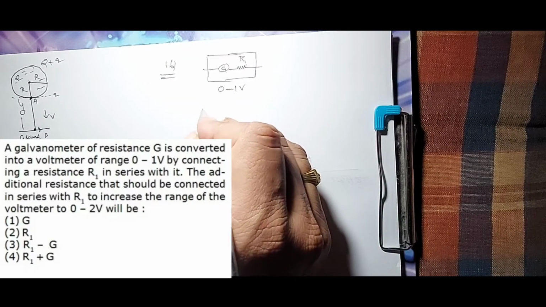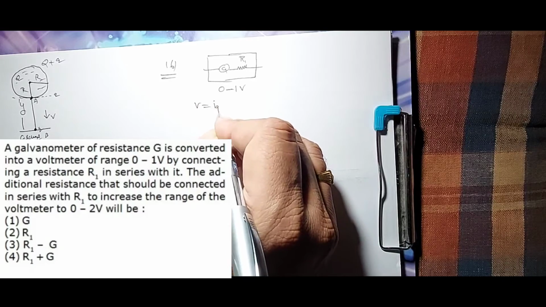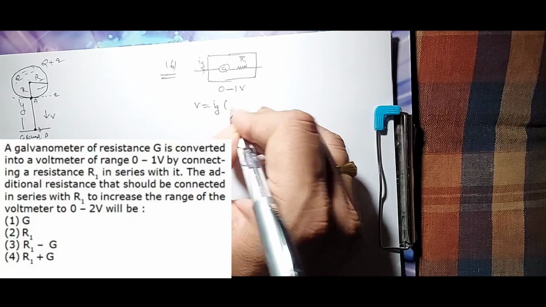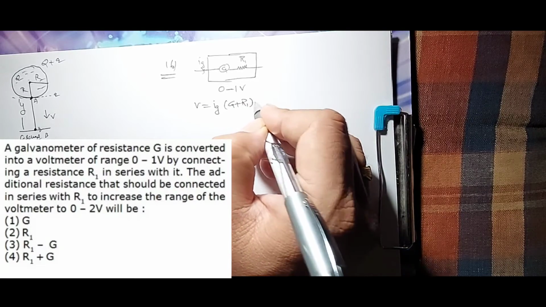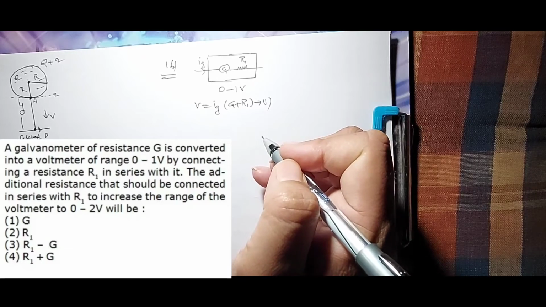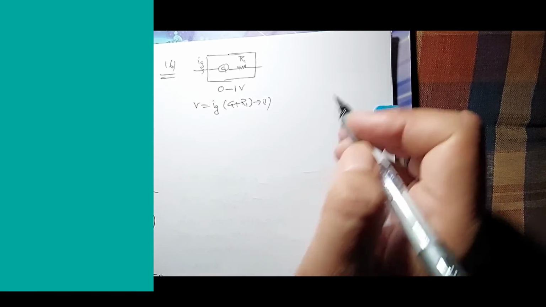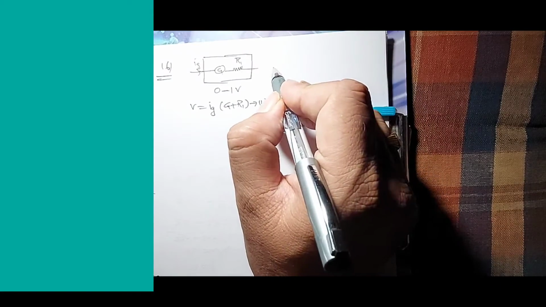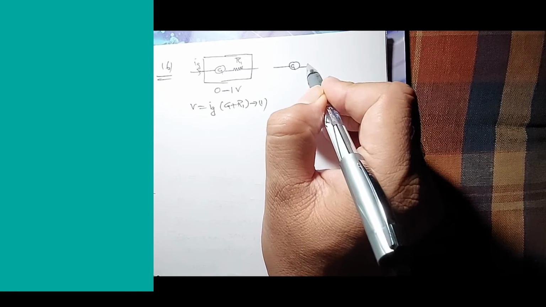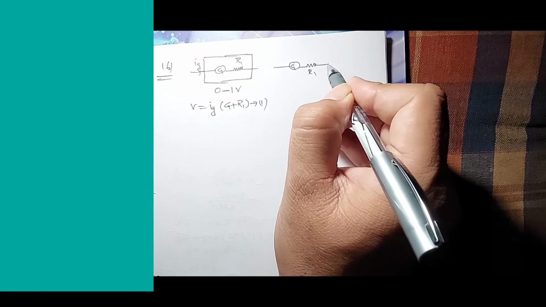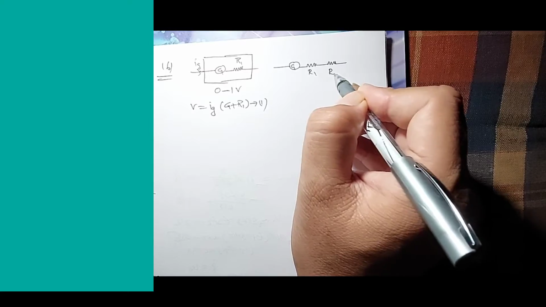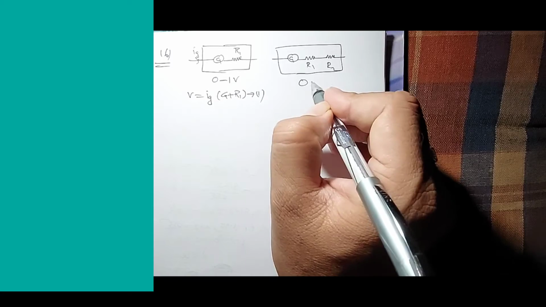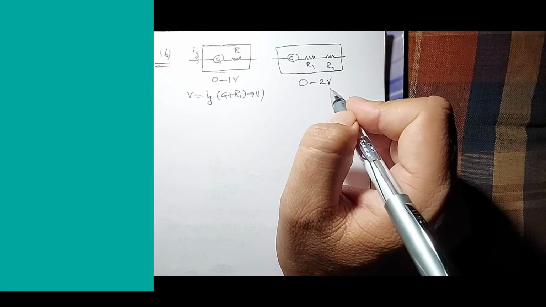So here we know that V = Ig(G + R1), where Ig is the current passing through the galvanometer. So equation 1. But to increase the range of the voltmeter, another additional resistance is also connected in series to the R1 resistance, so that it measures voltage in the range 0 to 2 volts.